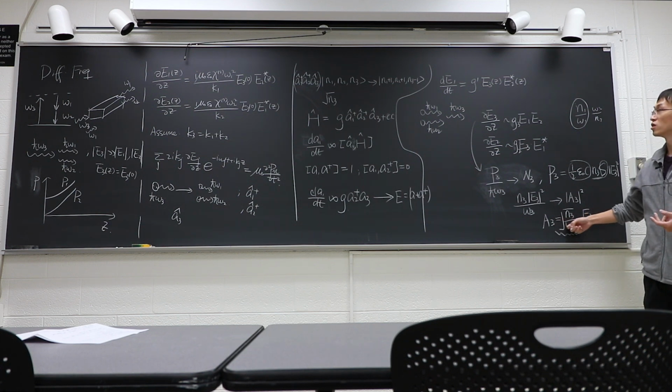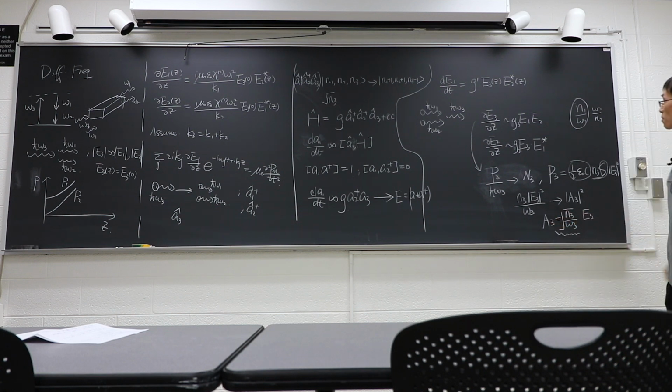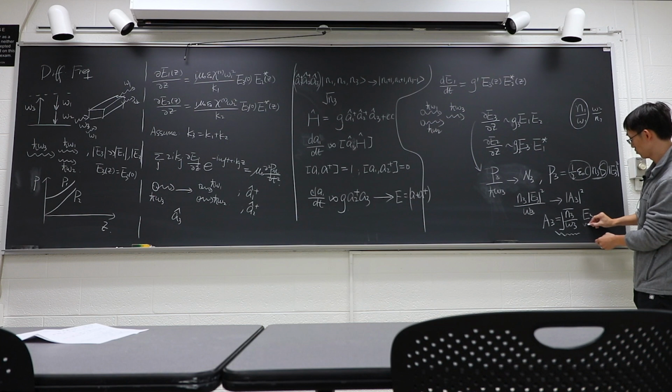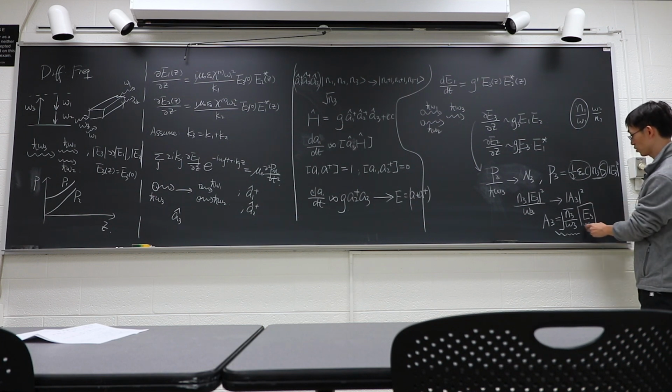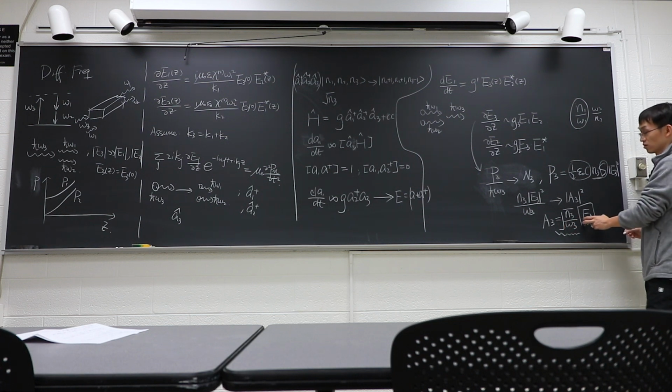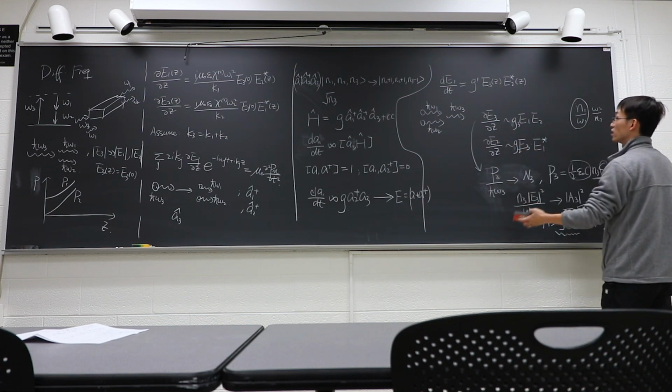Okay. So here, what you can do is, now you know E3 equals A3 divided by this. So you can write down the equation now.